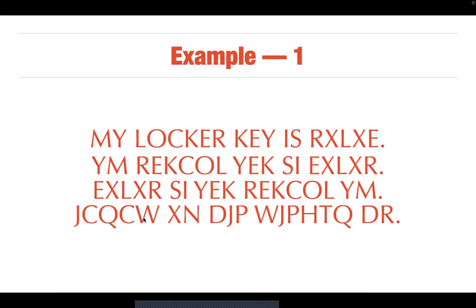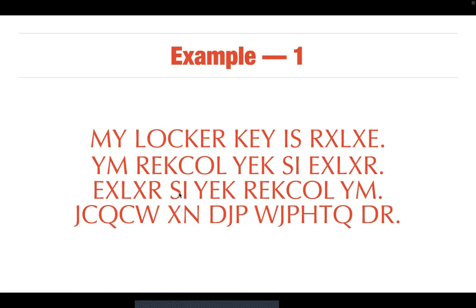Then you divide by 26 and find the remainder. The remainder is the number you get after the modular operation. Let's say you apply it on Z. Z is 26. You add 5 to it, you get 31. So 31 mod 26 is 5, and Z becomes E.